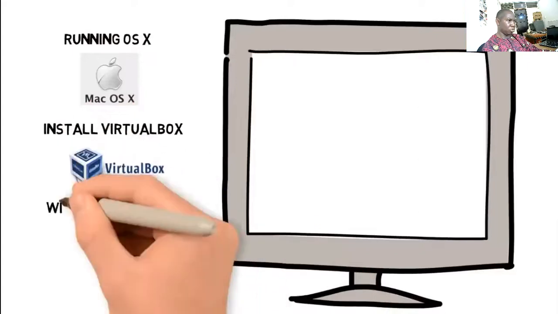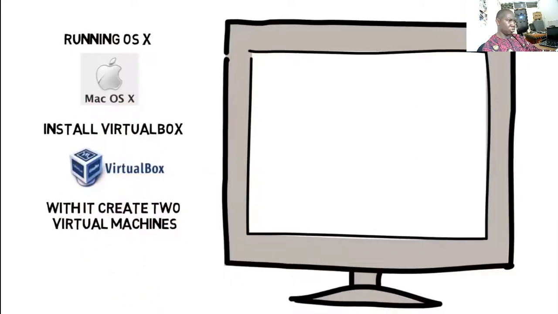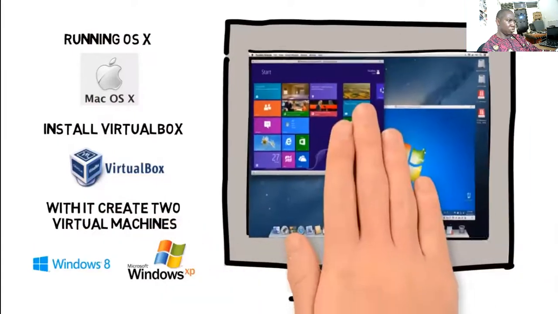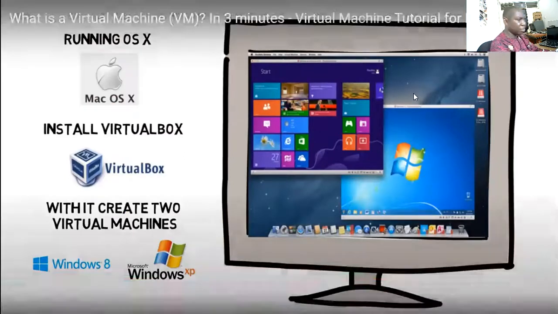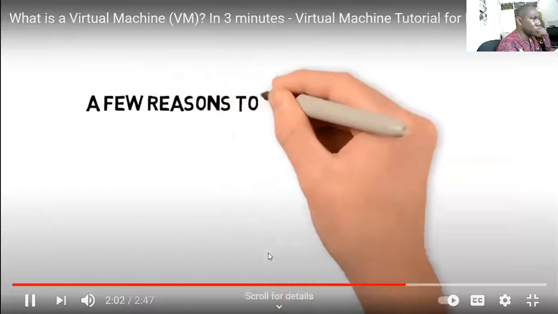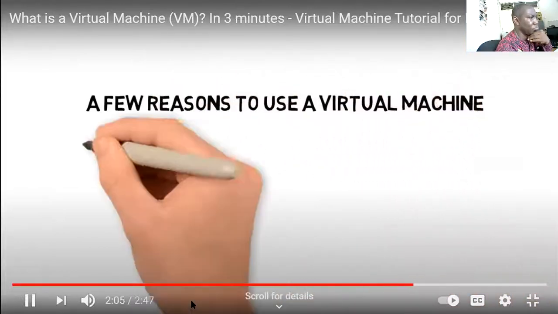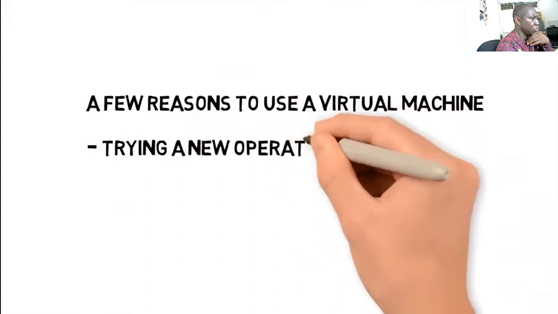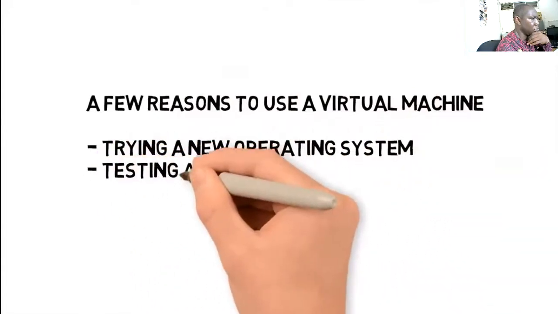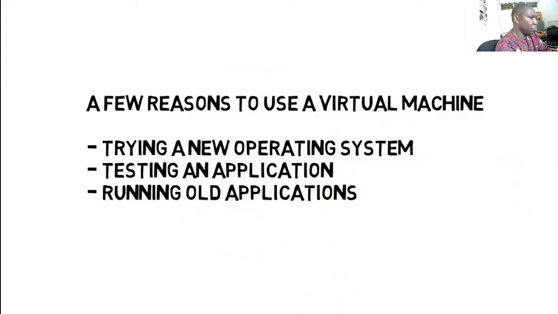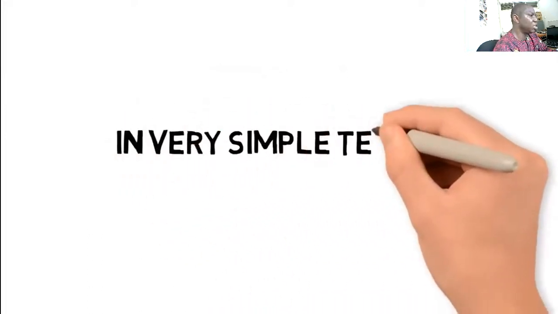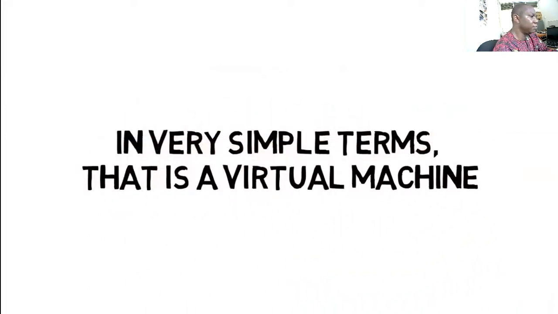In VirtualBox you can create two virtual machines, one with Windows 8 and another one with Windows XP. And you would then be able to use these two virtual machines as if they were real computers. There are many reasons why someone would want to use a virtual machine. For example, trying a new operating system, testing applications, running old applications, or installing an old operating system.